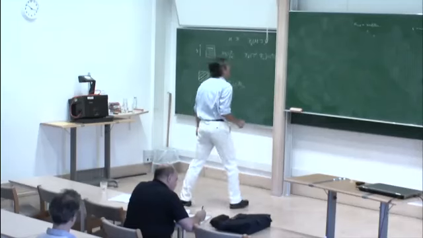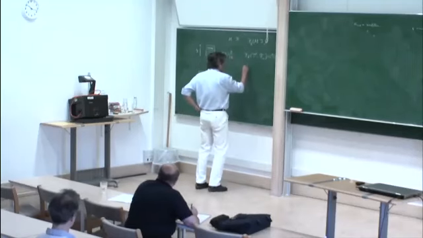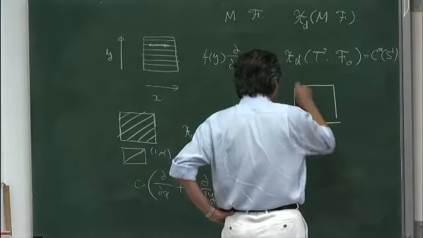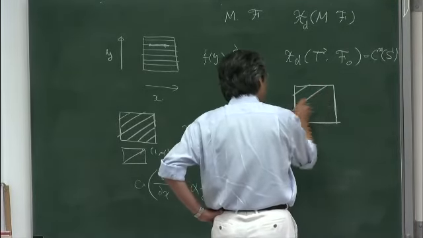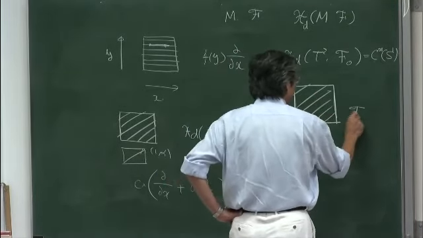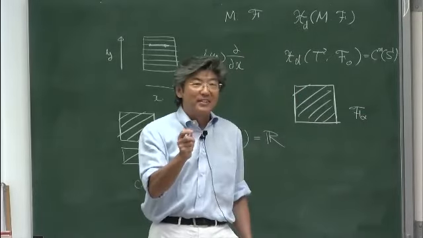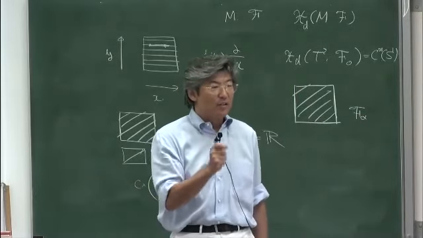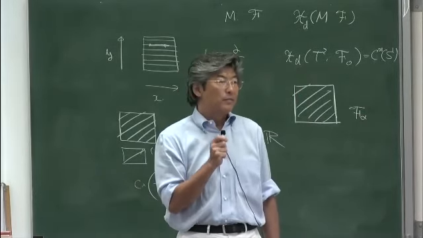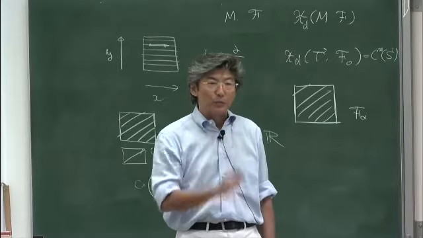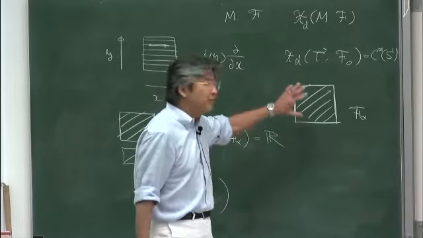Then the next question is, if you draw the same picture but put some different area form, that is, you change the volume of the space itself, you don't change the foliation.